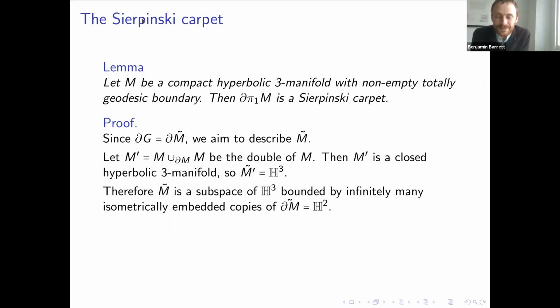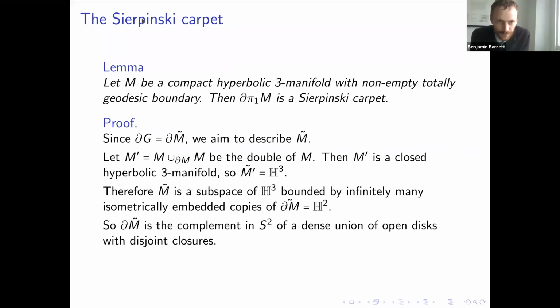So the boundary of M has universal cover H², the hyperbolic plane. So the universal cover of M, this manifold we started with, is a subspace of H3 bounded by infinitely many isometrically embedded copies of the hyperbolic plane. There's going to be a picture on the next slide. But first, I'll finish off the proof.